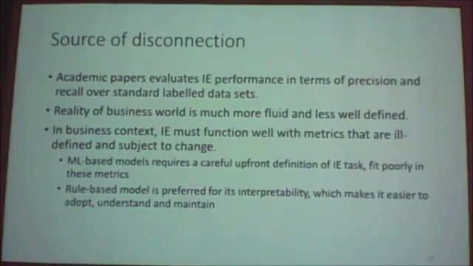Machine learning based models require a careful upfront definition of IE tasks, which will fit poorly in these kinds of situations. And the rule-based model is preferred for its interpretability, which makes it easier to adopt, understand, and maintain.